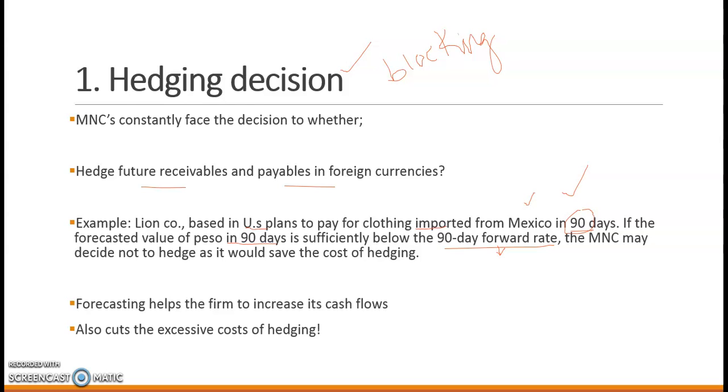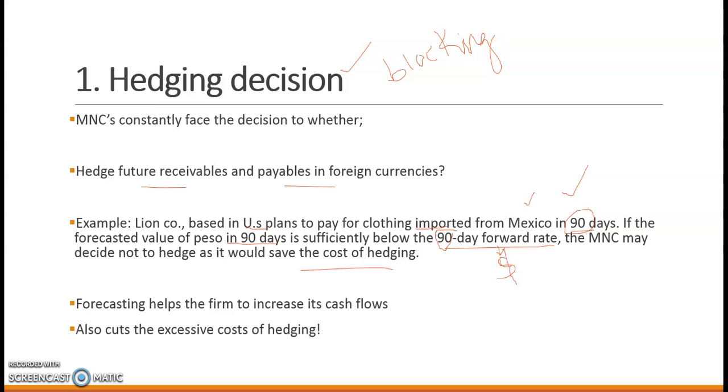So the MNC may decide not to hedge, as it would save the cost of hedging. See, you can hedge that risk by buying this forward contract for the same period, which is 90 days, but you have to pay a certain cost for it. You have to pay some dollars to buy it.